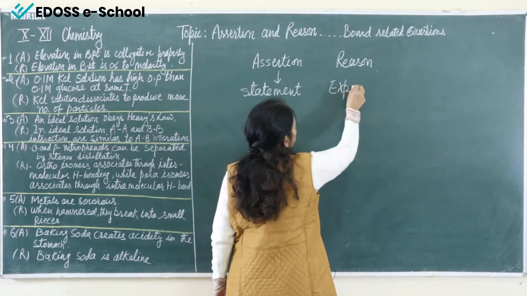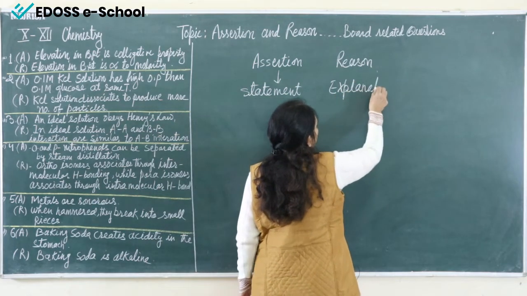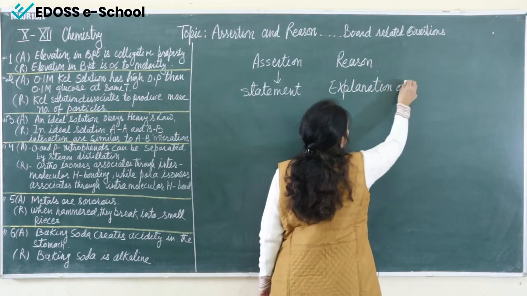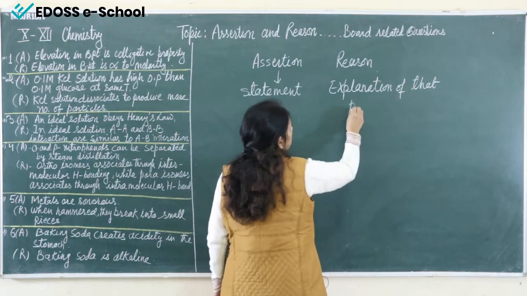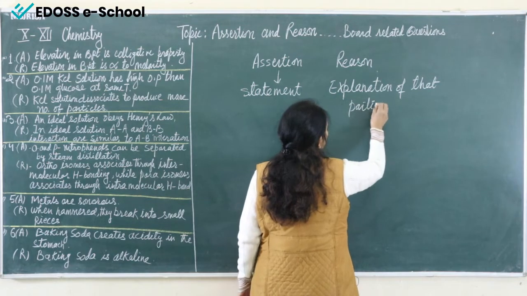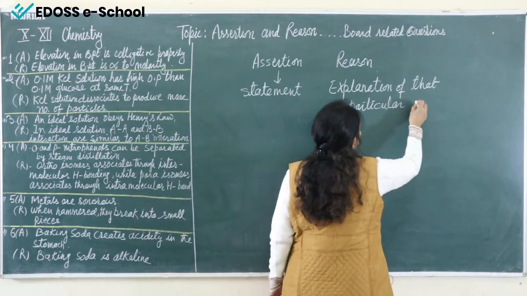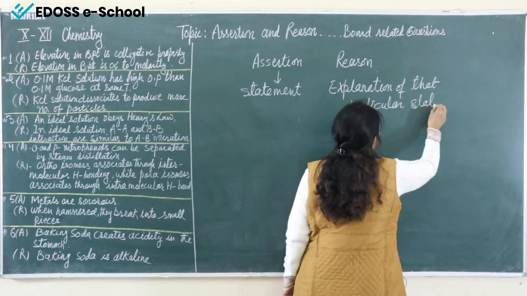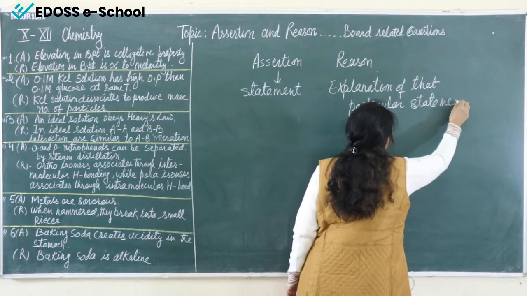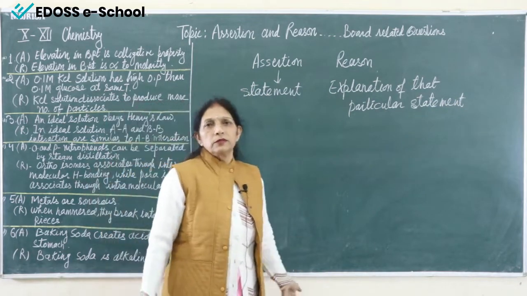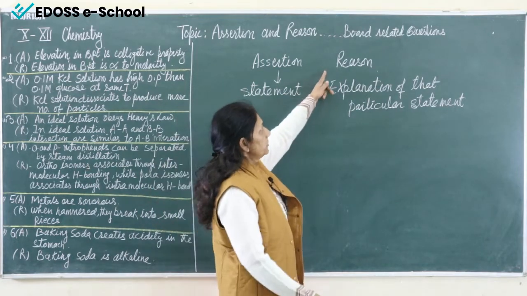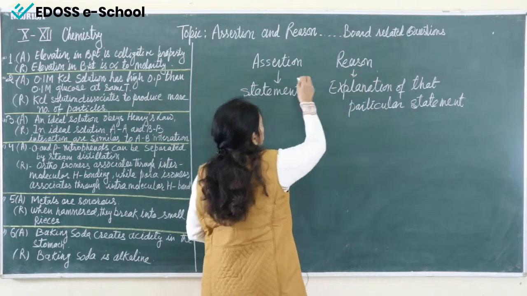This is the explanation of that particular statement. So we can say assertion means it's a statement, and for reason we can say that this is the explanation of the statement.